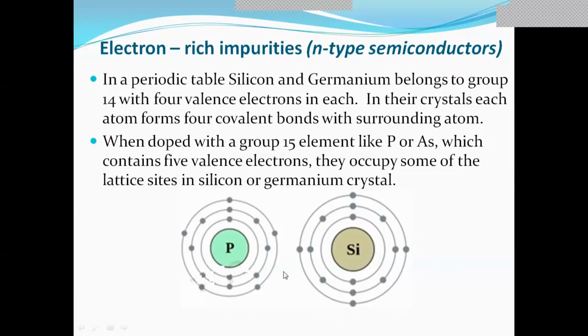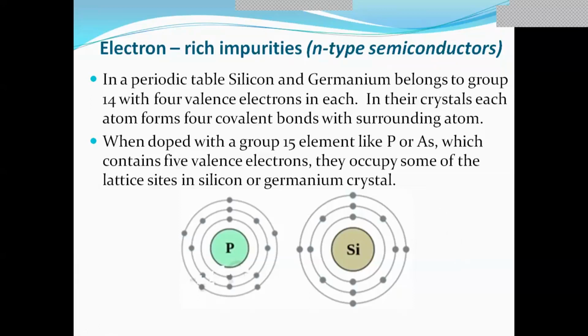So in this valence shell, you can see only 4 electrons in silicon. Therefore, when this pure silicon crystal is seen, each silicon is bonded to 4 other silicon atoms with the help of these valence electrons.